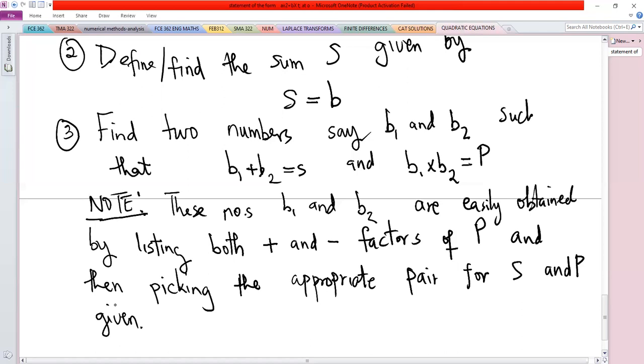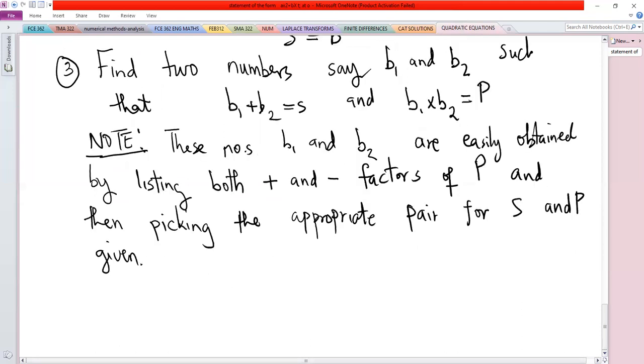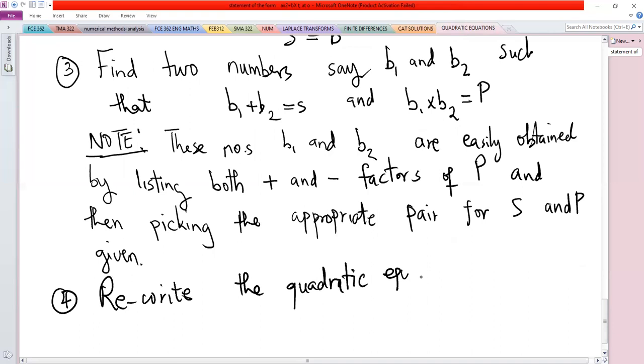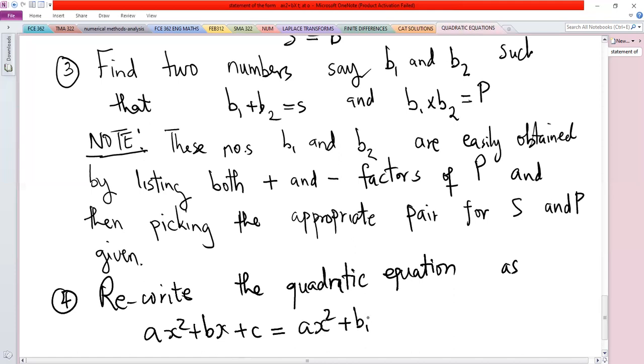And then once we have B1 and B2, number 4, rewrite the quadratic equation as ax squared plus bx plus c equals ax squared plus b1x plus b2x plus c equals 0.